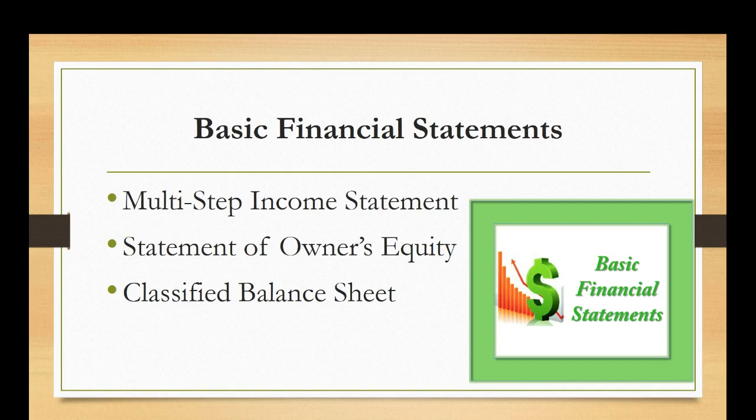I want to emphasize the word classified. Some of you have been turning in very basic balance sheets, and in Accounting 100, you learned how to do a classified balance sheet, so let's use that. We will not be doing a statement of cash flows, which is also a required financial statement, because typically a class does not learn how to do that until Accounting 102. So that's why that one's not included.